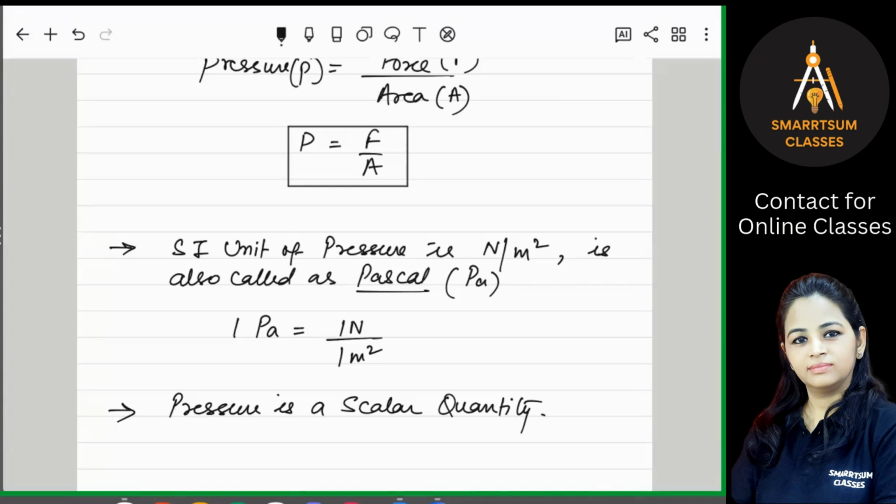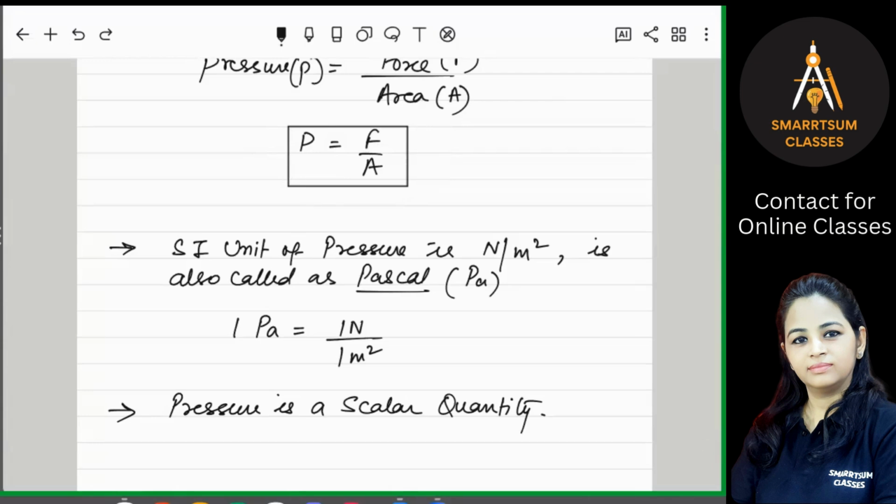So if you see this formula, P is equal to F upon A, it is clear that the same force can produce different pressures. Yes or no? If force is the same but area is different, it can create different pressures depending upon the area on which it is acting. Is that clear?